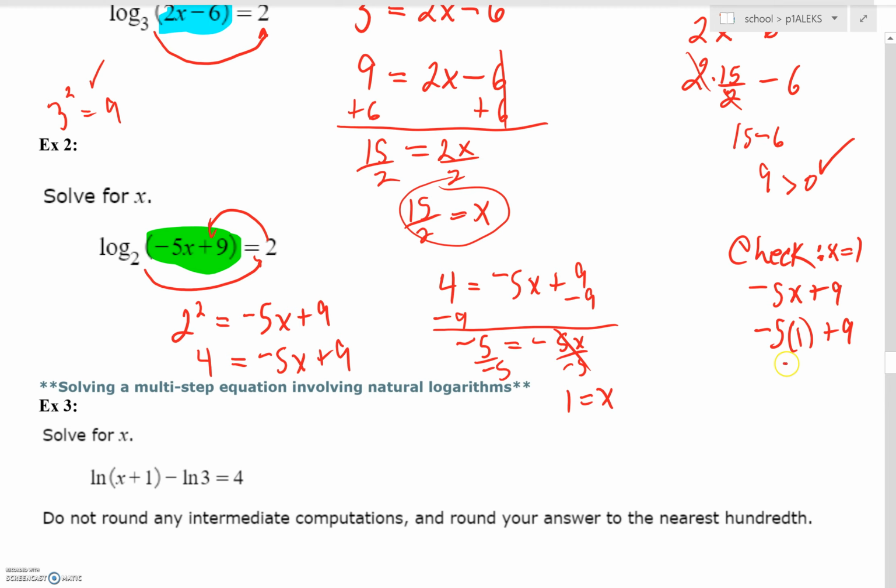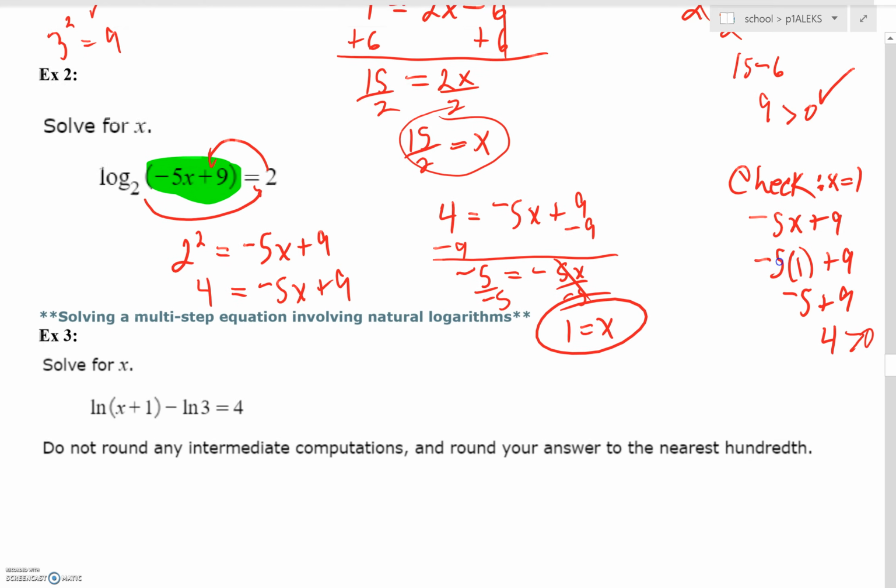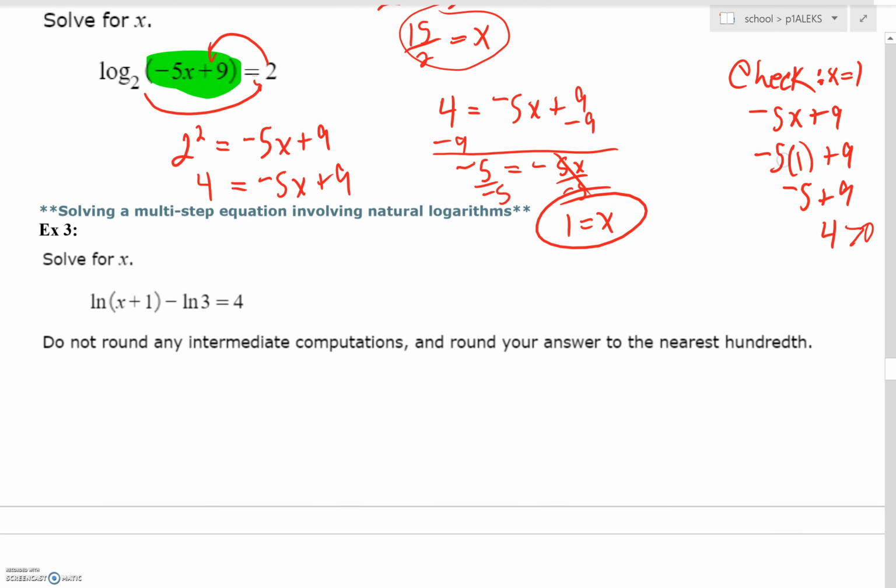And negative 5 plus 9, I started to just get that final answer in my head. You can see it's going to actually be a 4. That's positive. We are good to go. If we would have gotten something negative when we'd plug it in, we'd have to say no solution. That's the other side of it. If the inside of the log, when you plug in an x value, fails, then you're in trouble.